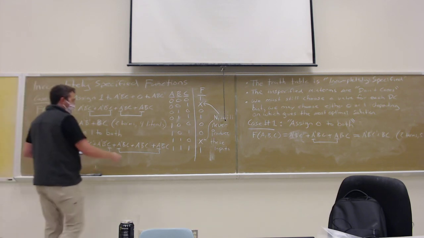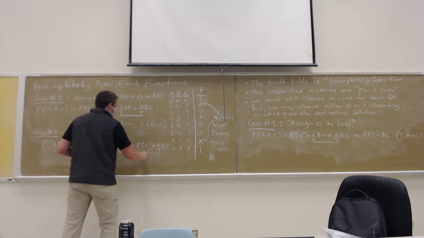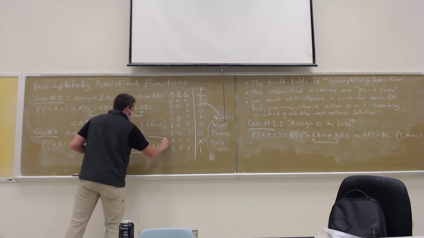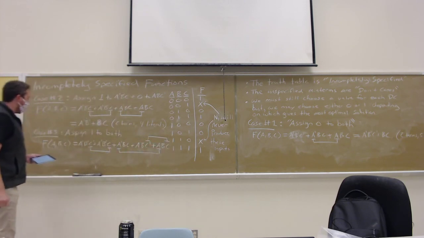Now we have these last two terms, A, B, C prime, or ABC, going to combine over the C's.